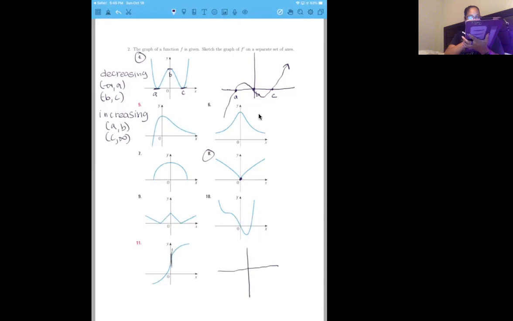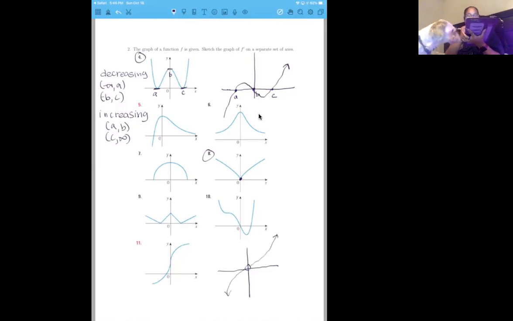That would be right here. And what we would do there, instead of putting a hole, because there's an entire line there, a tangent line, you would put in an asymptote. All right, so I would have an open circle here, and it's decreasing from negative infinity to that point. So it's going to be below the x-axis, and it's increasing after that point. So it's going to look something like that.